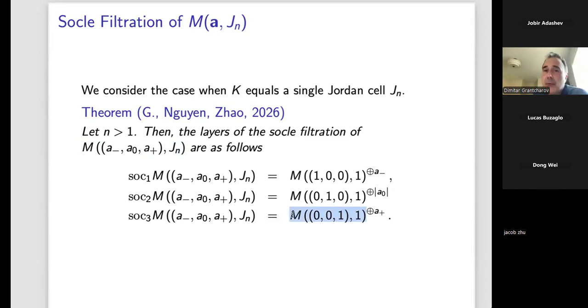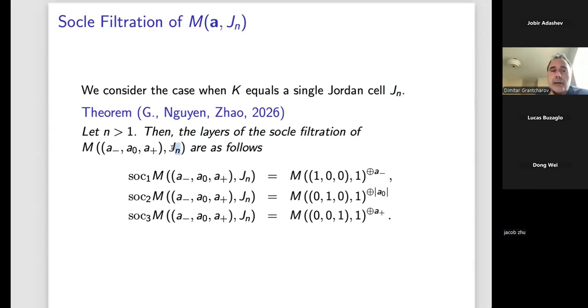rank 1 free modules. We discussed the case of Jordan cell because this is an interesting case when we will have possibly indecomposability. If this is the identity matrix, or a diagonal matrix, it's easy to see that this is a direct sum of modules. But it's good to see the structure of this when we have some extensions.